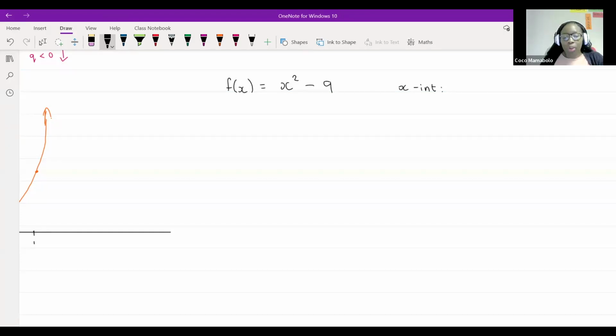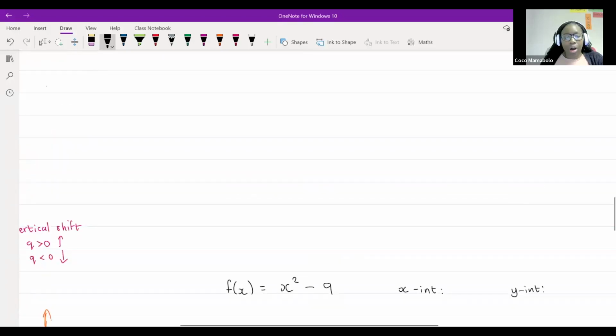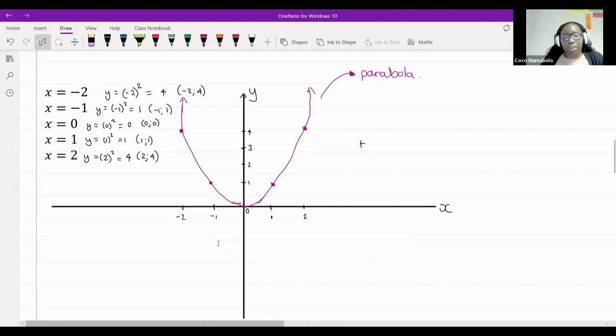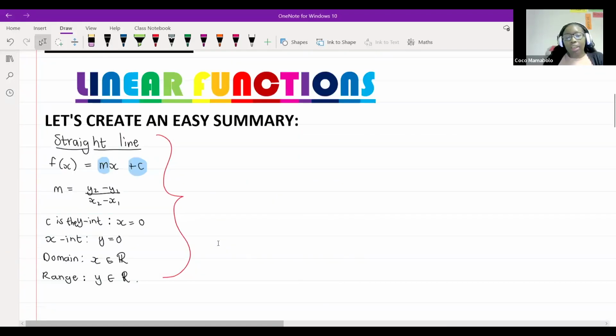But we already know. Let's go back to our summary of the straight line, the one that we did over here. When we are looking for the x-intercept, we must make y equal to 0. And when we're looking for the y-intercept, we must make x equal to 0.